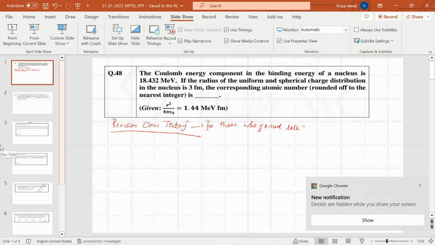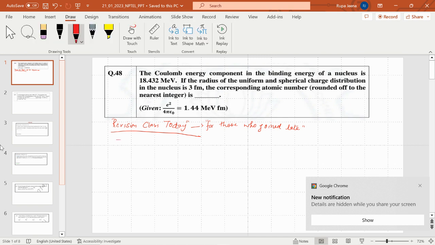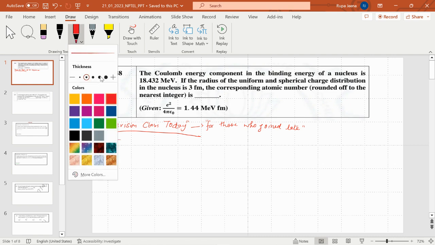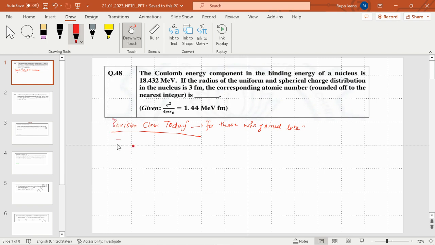As you can see in this question, you are given the Coulomb energy component of binding energy.